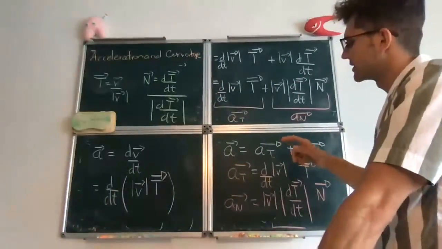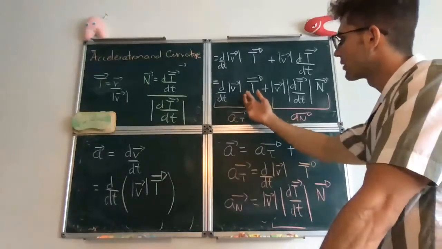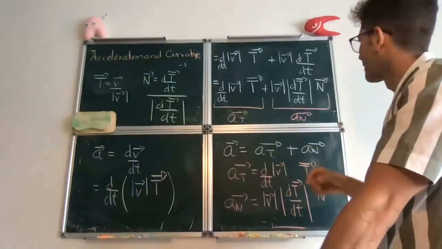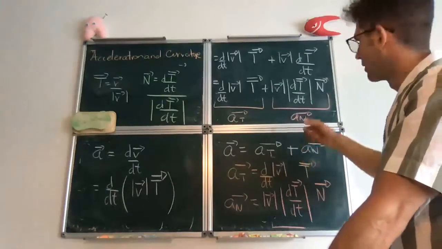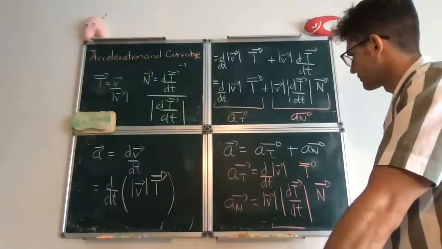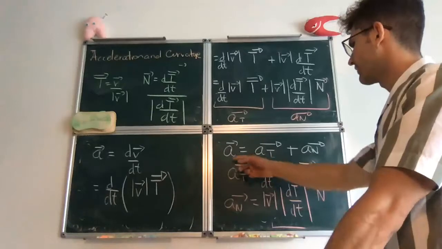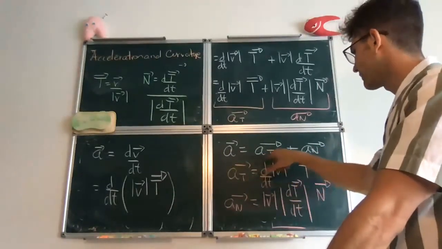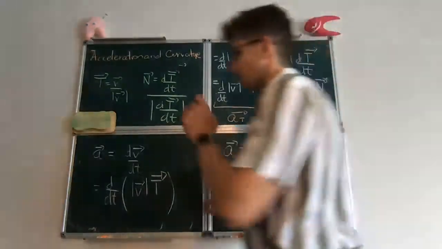So the acceleration breaks into a component which is parallel to the tangent vector, which we call the tangential acceleration, and a component which is parallel to the normal vector, which we call the normal acceleration, unsurprisingly. So the acceleration breaks into two pieces: the tangential acceleration, which is this one, and the normal acceleration, which is this other one.